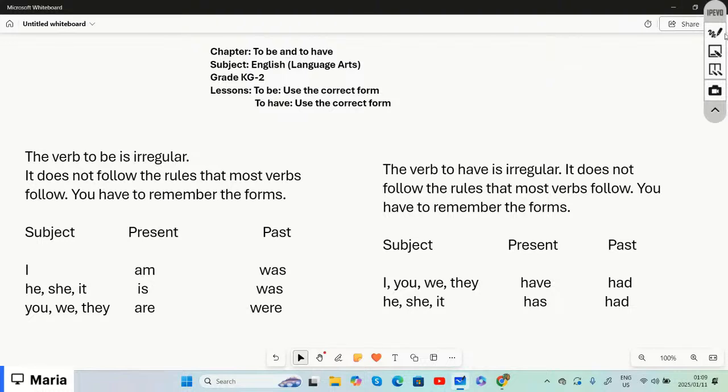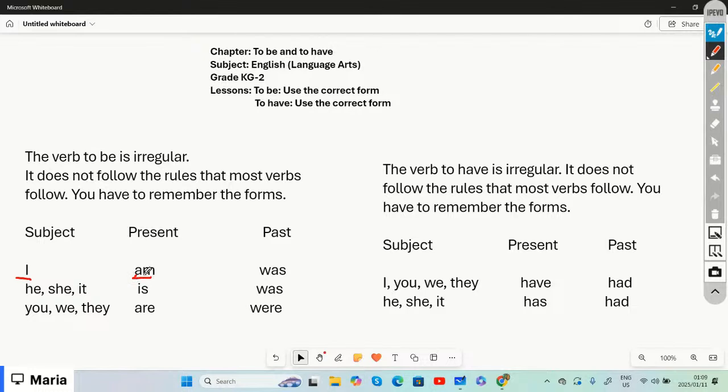So if we look at, for example, you want to say, I do something, or you want to say your age, for example. Now in the present, we say I. Like, for example, you want to say your age, now you say I am, which is now.